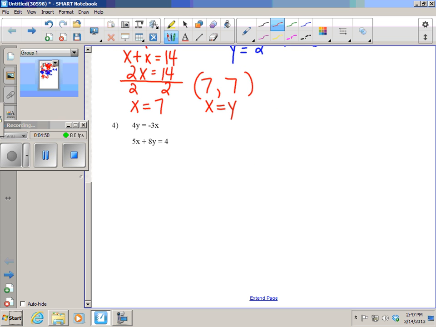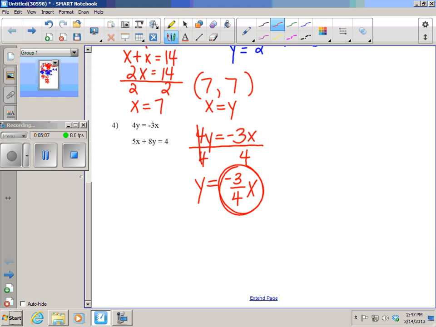For example number 4, we have 4y is equal to negative 3x. And I'm going to divide both sides by 4 so that I have y equals negative 3/4 x. And wherever I see a y, I'm going to put negative 3/4 x. So I have 5x plus 8 times negative 3/4 x equals 4.